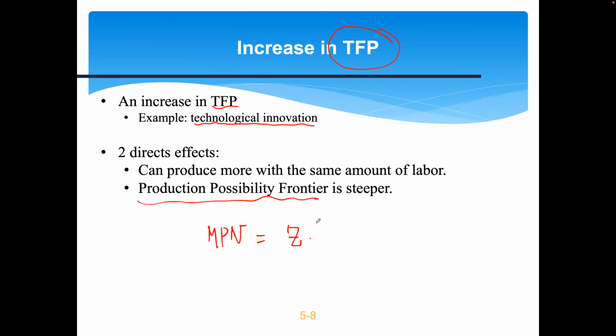If you're familiar with calculus, you take the derivative of F, which is the production, with respect to N. So if Z increases, then the entire value increases, meaning the marginal productivity of labor is going to increase. That just means the curve becomes steeper, right? Because the slope of the curve is indeed the marginal productivity of labor.